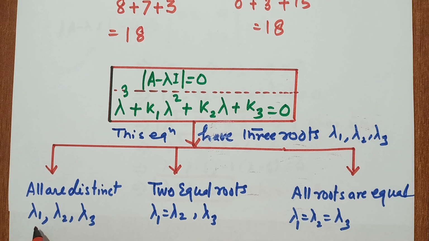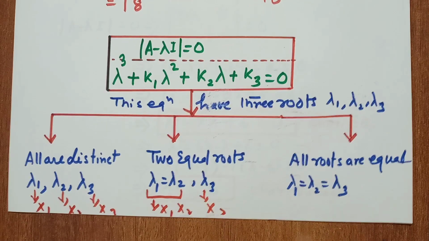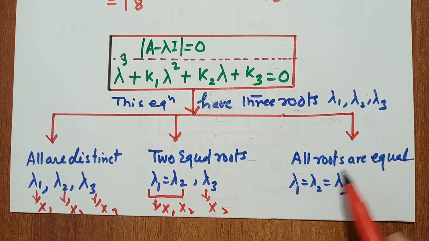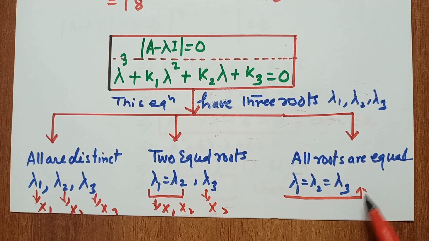This is very easy to see: the eigenvectors are x1, x2 and x3. But you might think that because lambda 1 and lambda 2 are equal, there is only one eigenvector. No, here also we get 2 eigenvectors, x1 and x2, and x3. Similarly, when all roots are equal, we get 3 different eigenvectors x1, x2, x3.